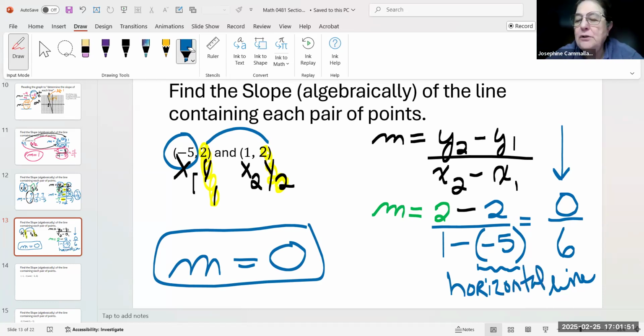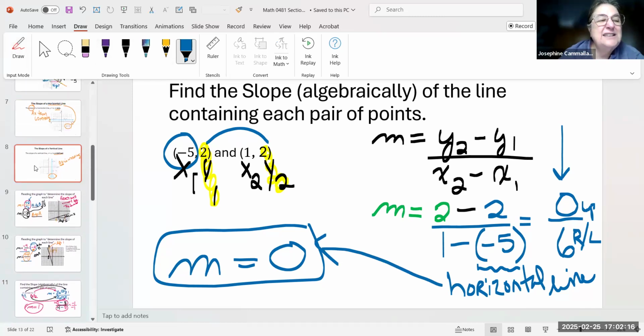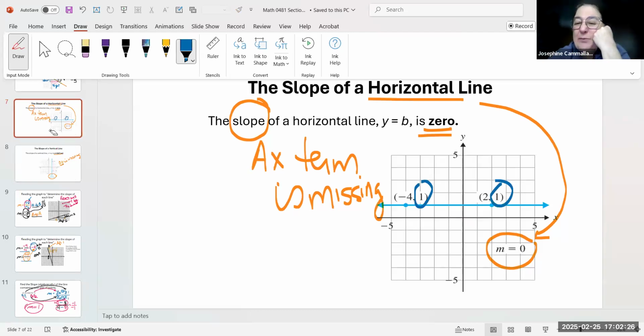I knew what it looked like, I just couldn't say it, okay? Because if you think about it, 0 is your up-down number. Well, if you're not going up or down, you're only going right or left. So this is a confirmation of our horizontal line. Do you see my y values are the same?